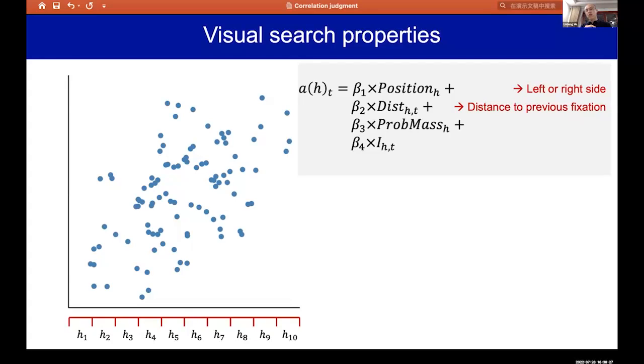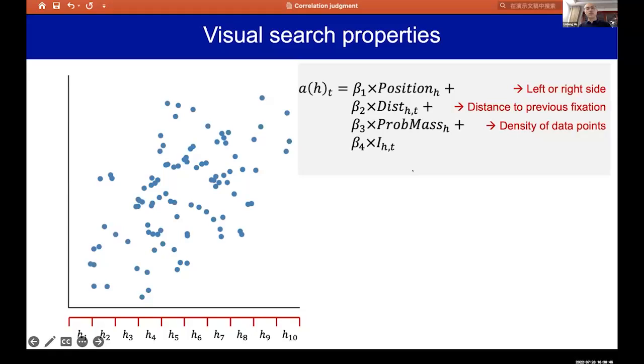So that measures whether you want to search a proximal data point or a distant data point. And the third and the fourth predictors are 2 statistical properties.